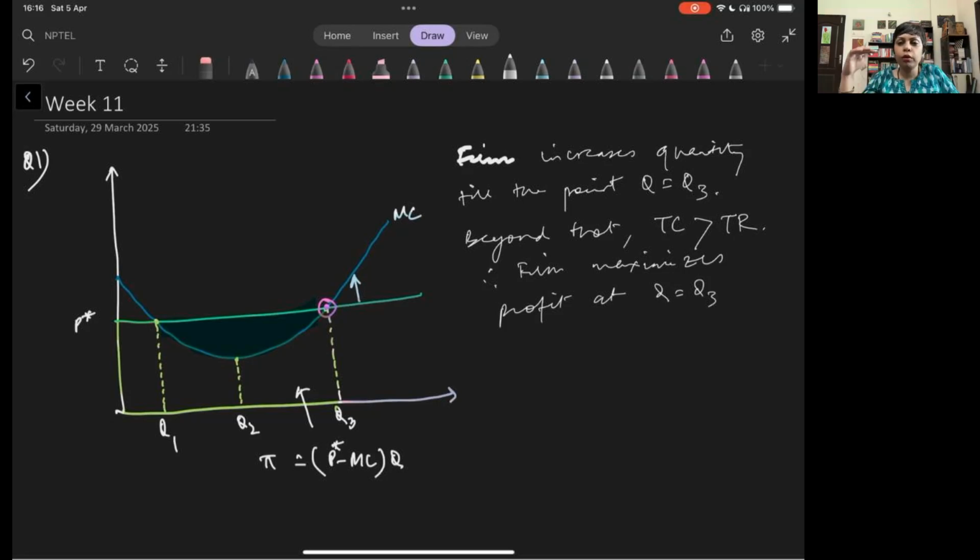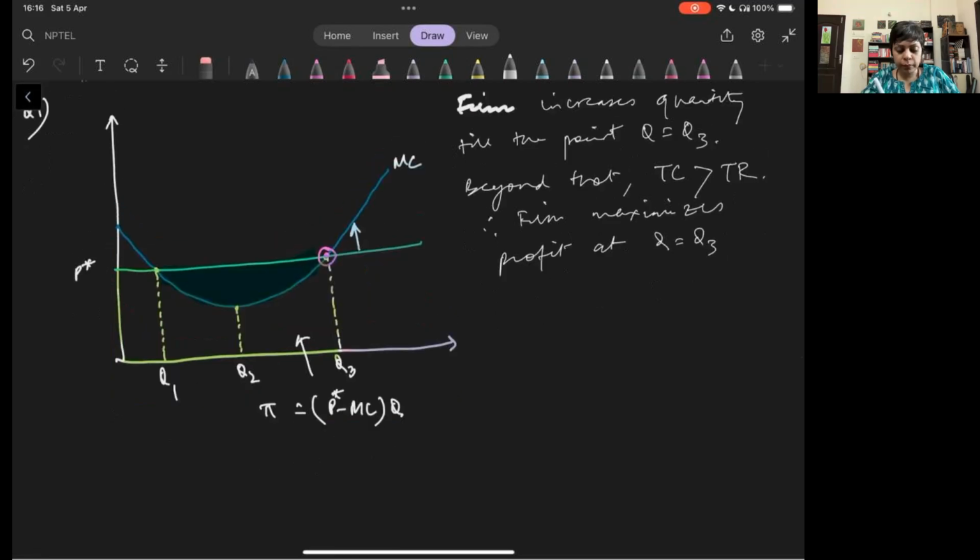When we solve using calculus, we take the function for profit, and we take the first order derivative with respect to Q, then we maximize it, we set the first order derivative equal to 0. When you do that, you will get two values of Q for which that function will be 0, right? And only one of those two values is giving you a maxima. Now, in this case, it is going to be for the value of Q equal to Q3 that you will be getting the maximum, right?